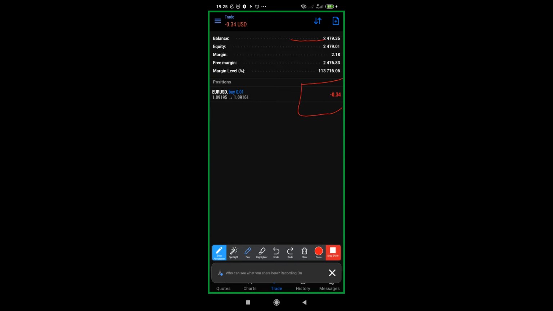Now equity will be my balance minus this running trade right here. Okay, and then margin has to do a whole lot with the leverage that I'm using for this particular account, and then it will be determined also by the risk that I'm using.